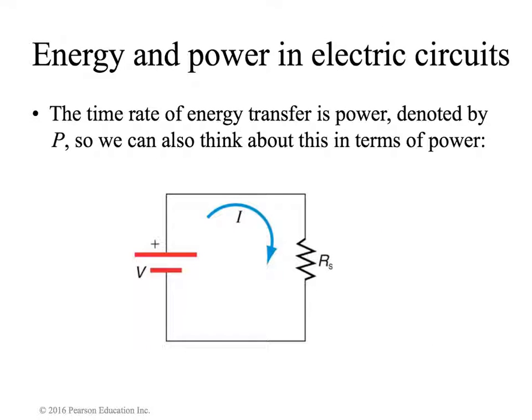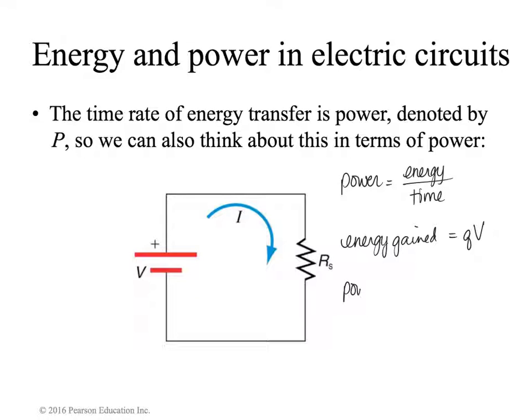Now, another way to look at this energy transfer is to think about power. Remember, power is defined as energy per unit time, or the rate at which work is done, or the rate at which energy is gained or dissipated. So if we take the energy that was gained through the battery, remember that was equal to QV. I'm going to use V and delta V interchangeably. Try not to be worried about that.